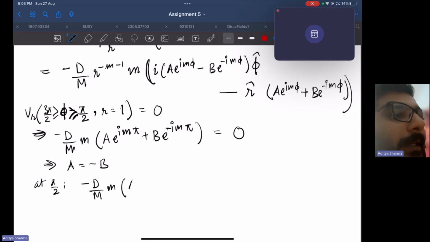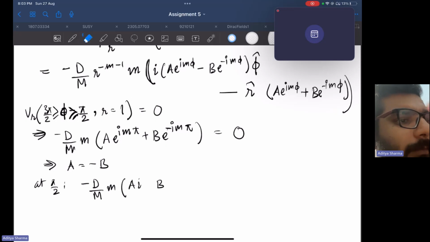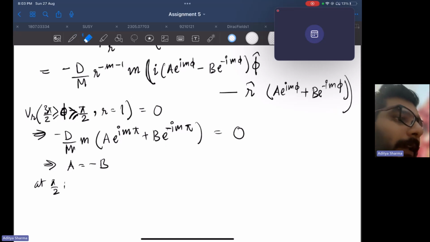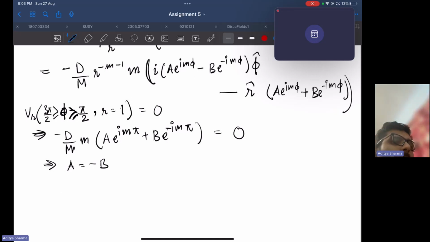And e to the power i m pi by 2 will be just i, and b is just going to be plus i, that's going to be minus i. Well, it's a special case, it seems. But whatever, we have gotten that a is equal to minus b, and that should be correct.